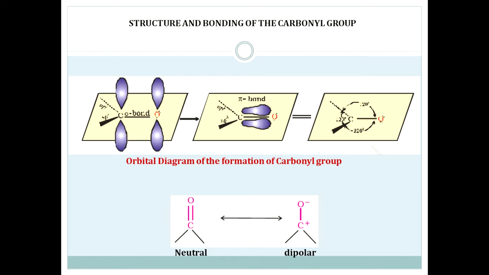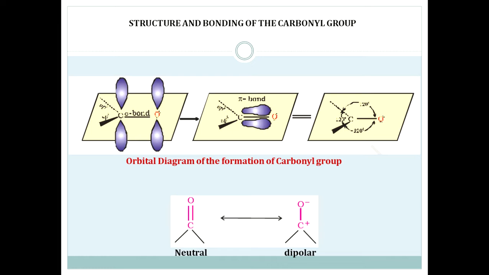The carbon oxygen double bond in aldehydes and ketones is similar to the carbon carbon double bond in alkenes. Here, both the carbon and oxygen of the carbonyl group are sp2 hybridized.